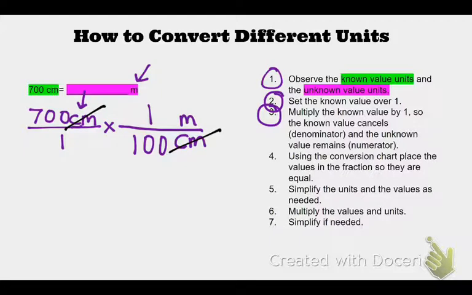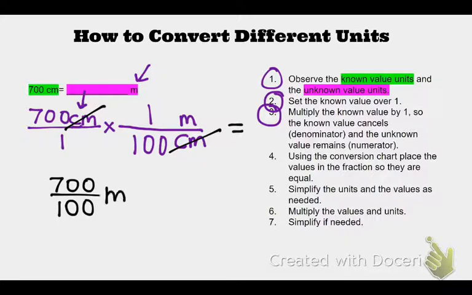Centimeters cancel. So that leaves me, and I'm going to write it underneath because I've run out of room there. That leaves me with 700 divided by 100. And our answer is, it's meters, not centimeters.